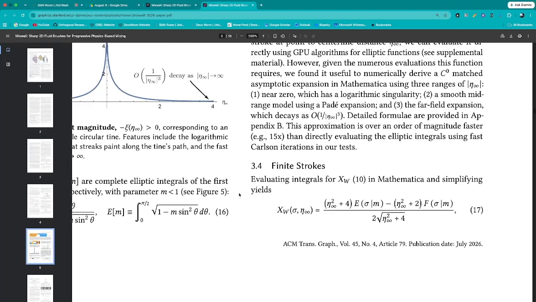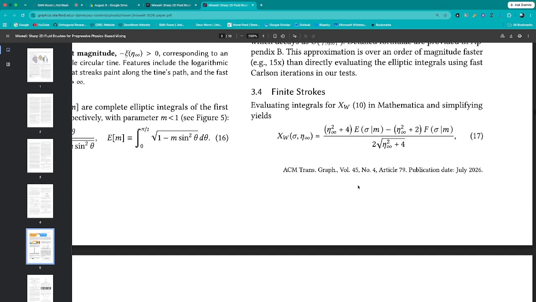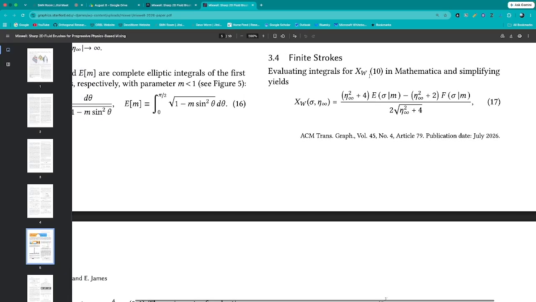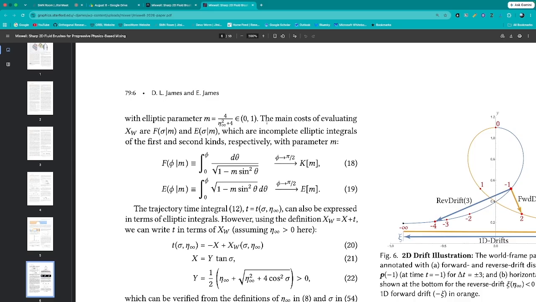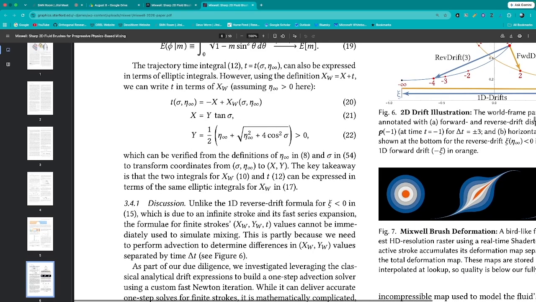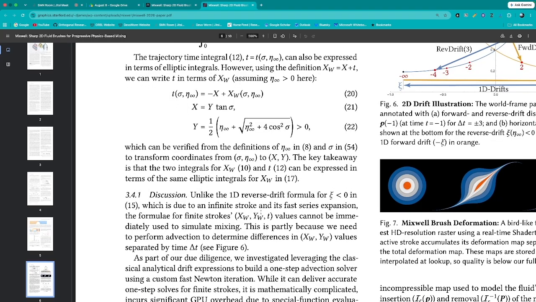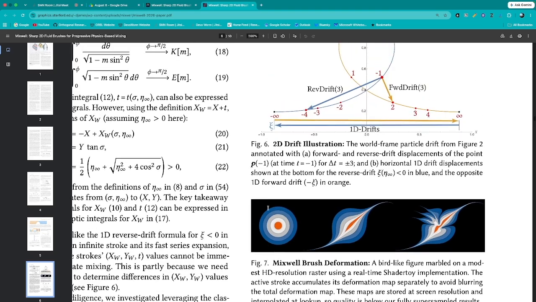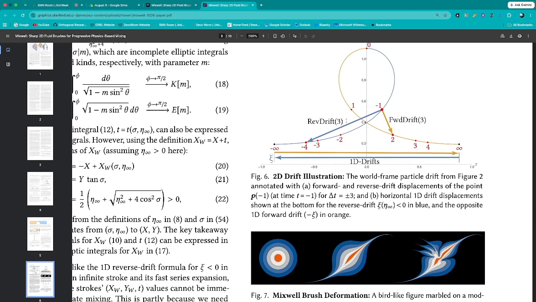Then they model finite strokes, which I think they're doing in Mathematica, so they show the math for that, and then all these different simulations are done in Mathematica. They have to define the math so that you know what it's doing. And then they discuss these outputs. So this is the 2D drift illustration, just showing drift.